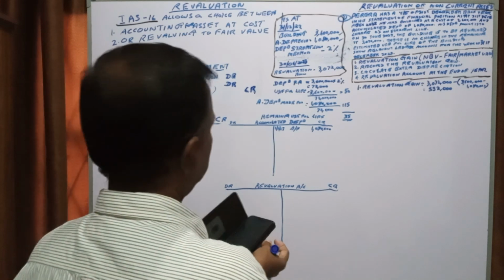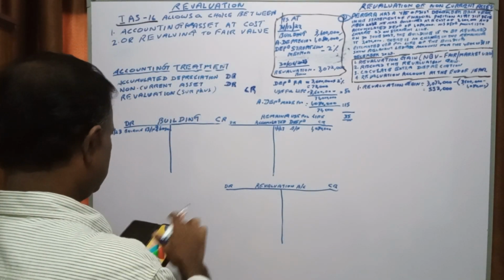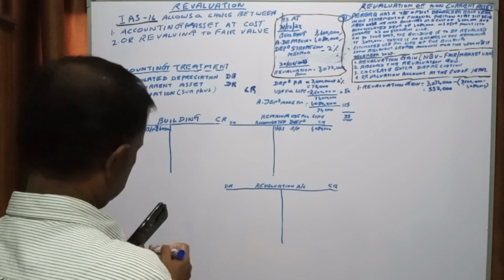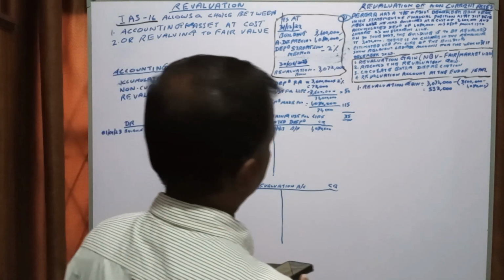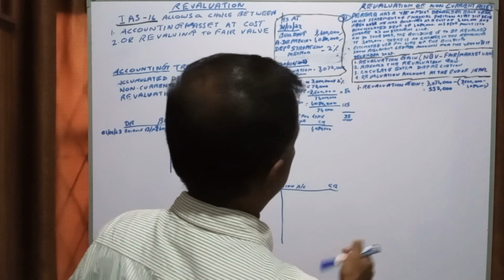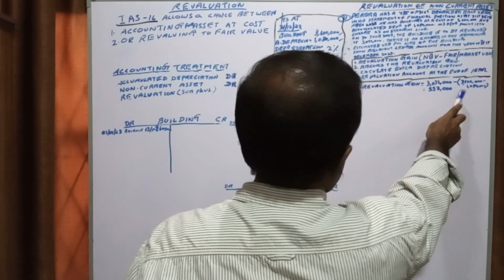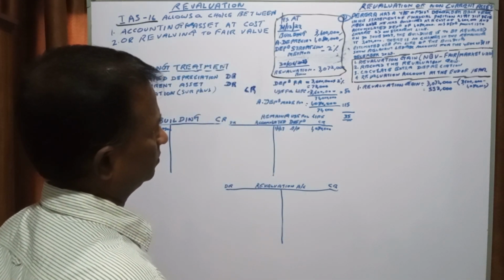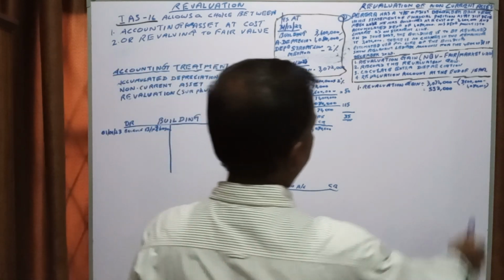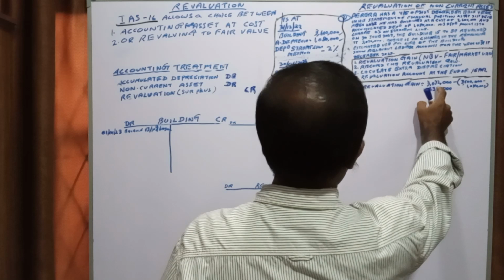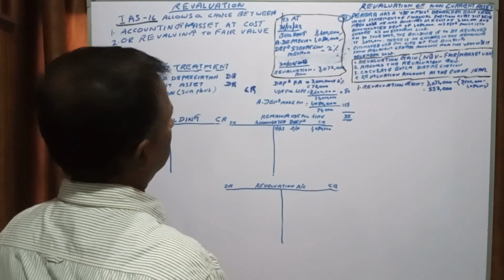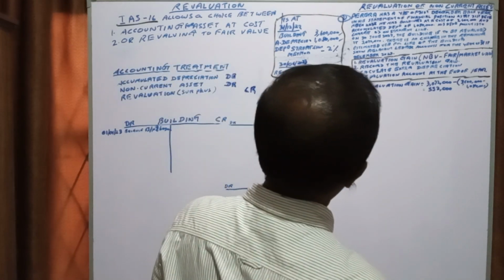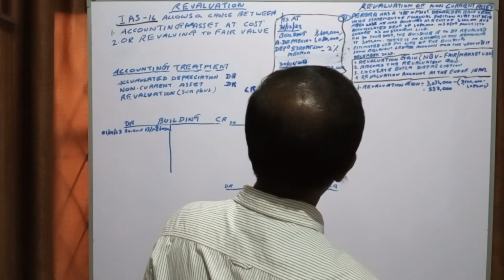Here we will say the value of the building is decreased by 552,000.